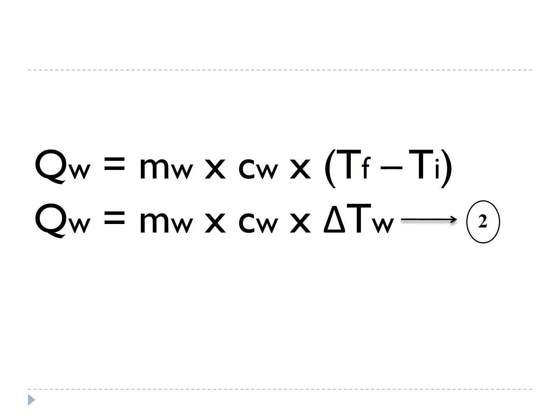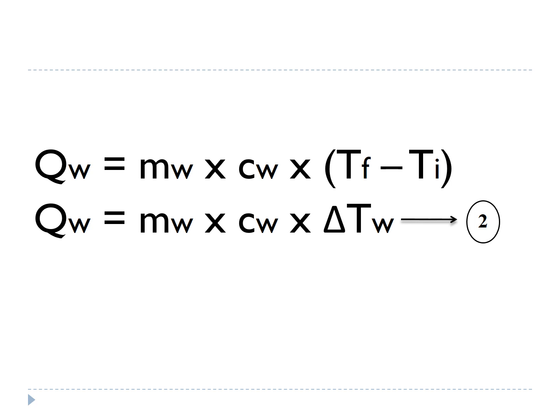Now here if you see, Tf has come first. Why? Because the initial temperature of water is less. It's going to take the heat from the object and its temperature is going to increase. So the final temperature is more. That is why we have taken the final temperature minus the initial temperature.